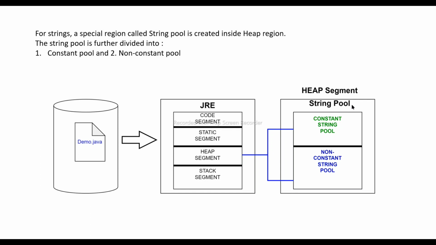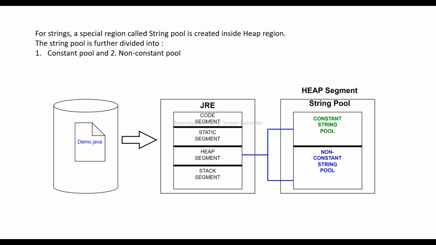That dedicated region is nothing but the string pool, and this string pool is further divided into two regions. One is a constant string pool, another is a non-constant string pool. Now, what is a constant string pool and what is a non-constant string pool? When does a string get created on the constant string pool, and when does a string get created on the non-constant string pool?